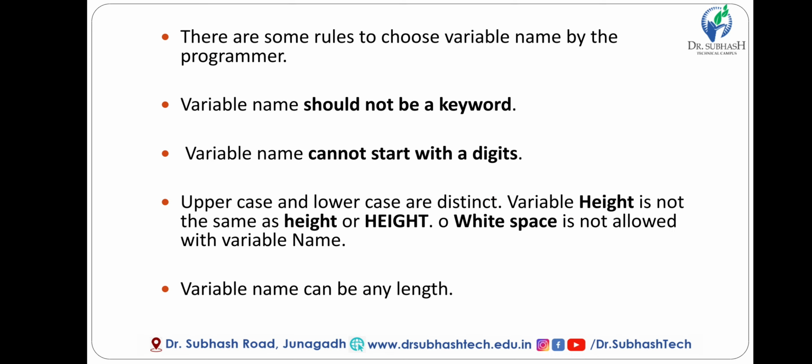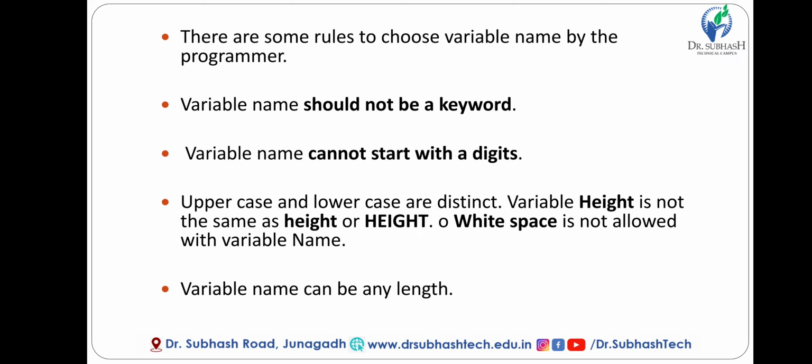So there are some rules to choose a variable name by the programmer. A variable name should not be a keyword. If any keyword is there in VB.NET, we cannot use that keyword as a variable. A variable name cannot start with a digit. Our variable name should not be 123ABC; it must start with a letter, not a digit. Uppercase and lowercase are distinct, meaning both are not equal.